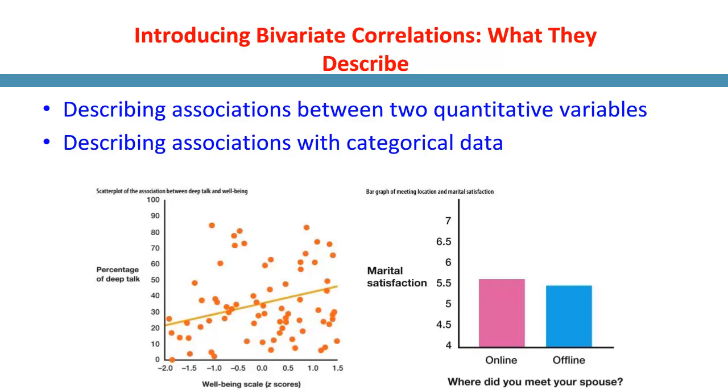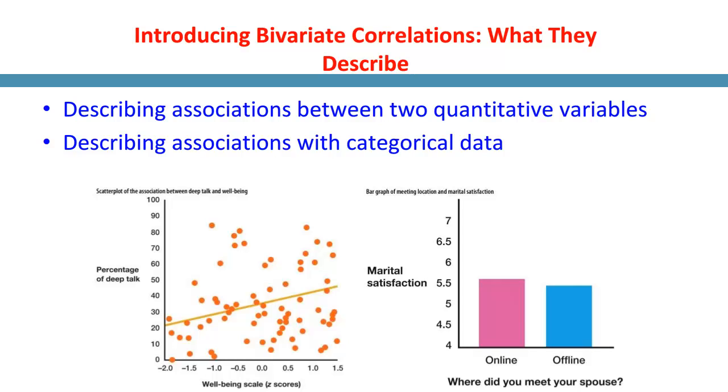So again, correlations can be with quantitative continuous data, something like on a scale of 0 to 10, or you could do it with categorical data where you choose one of a couple of categories: male, female, you met online, you met offline, those kinds of things.